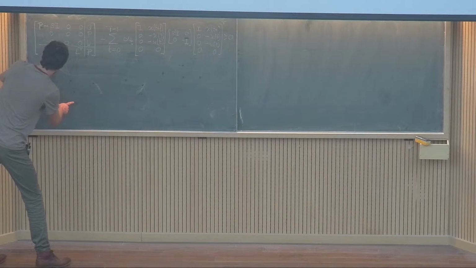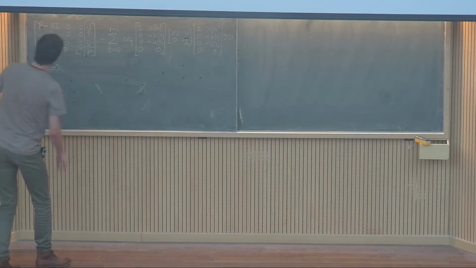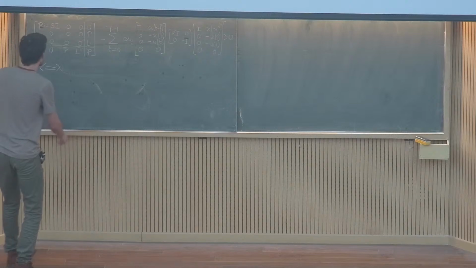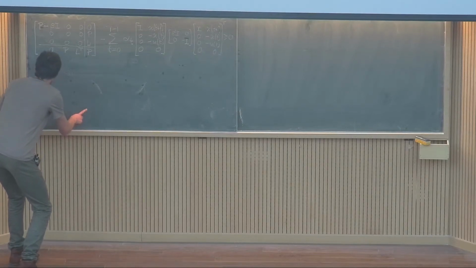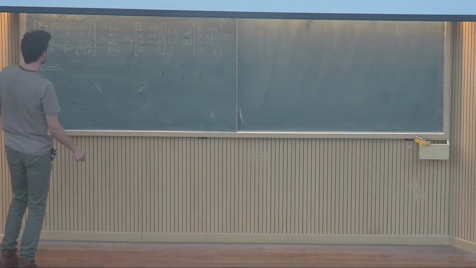So let's write that down. This is if and only if the Schur complement with respect to the 2-2 block is positive semi-definite.